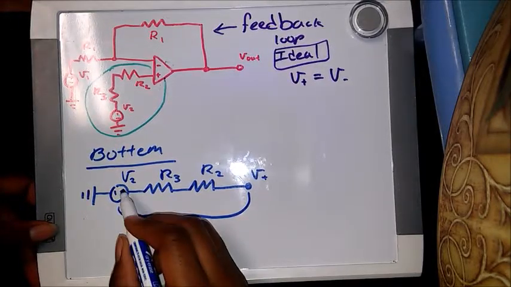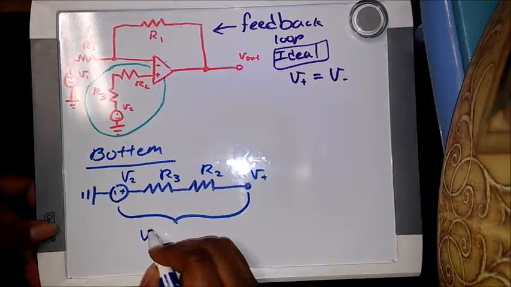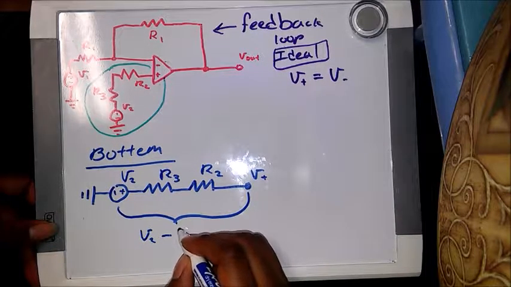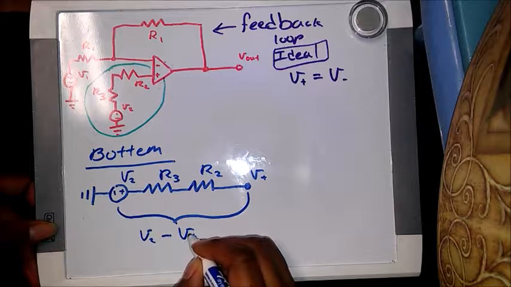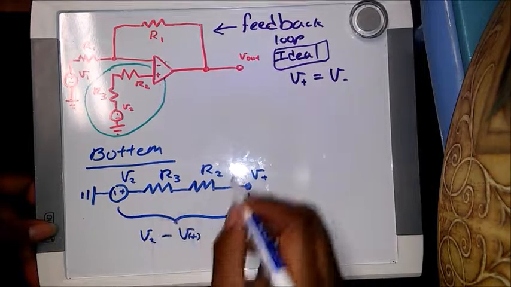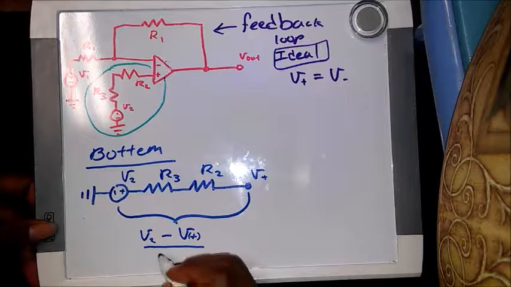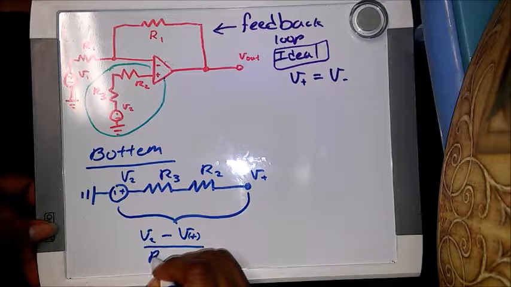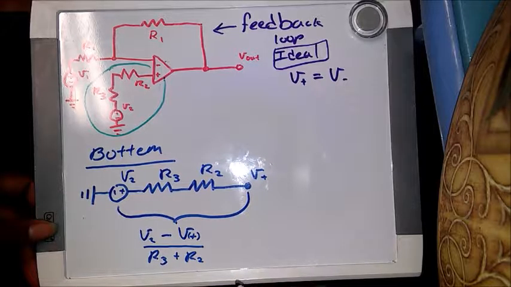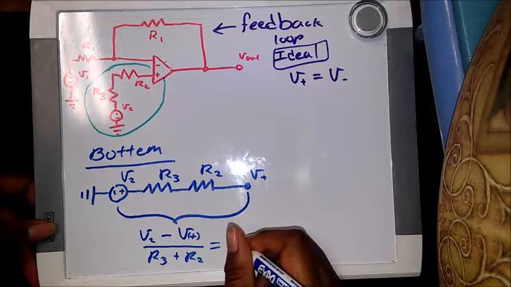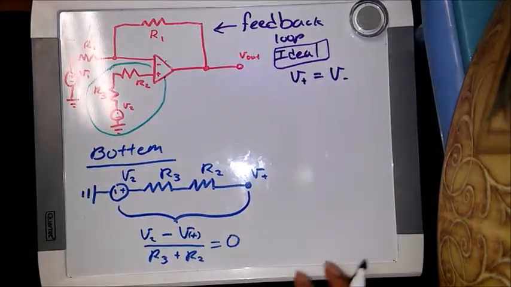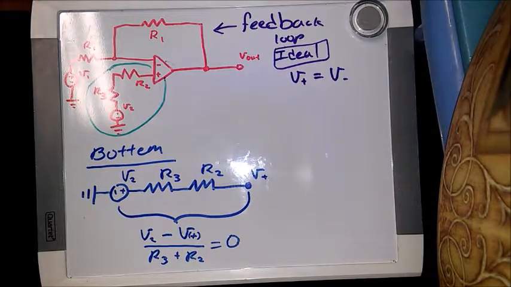So we're going to do V2 minus V plus, then parentheses, and we're going to divide it by the total resistance of everything it crosses. Since they're in series, R3 plus R2, and that's going to be equal to 0. So that's our equation for the bottom half.